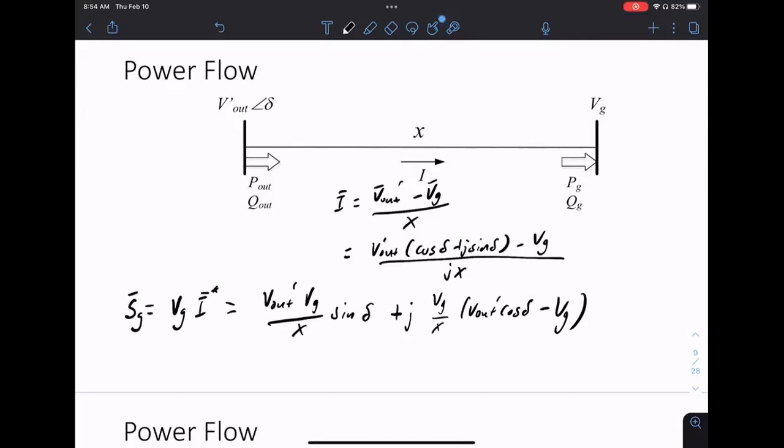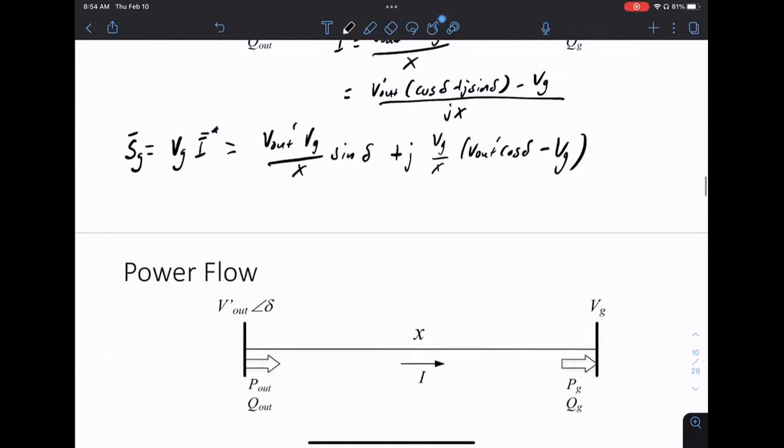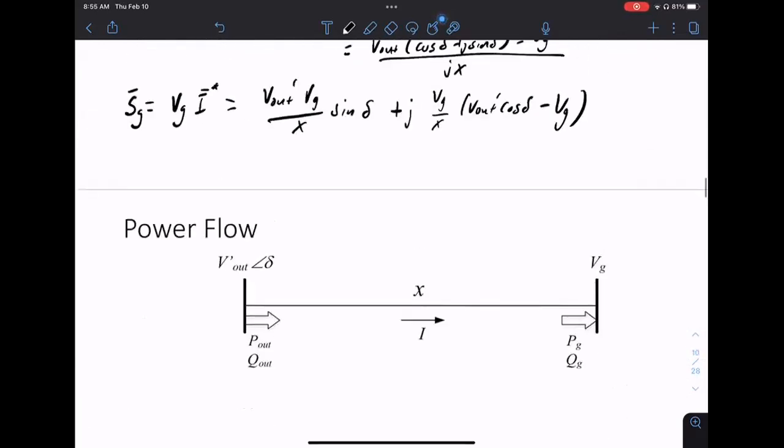So again, we go back to our very familiar result: active power depends on the sine of the angle, reactive power mostly depends on the cosine of the angle. Okay, any questions about that? All right, so this is our power flow.